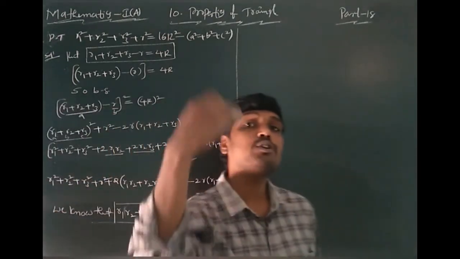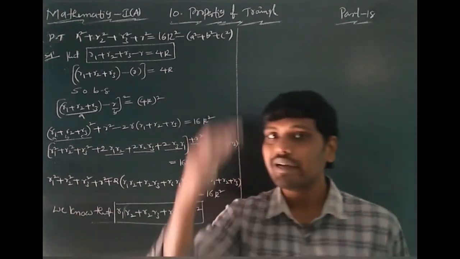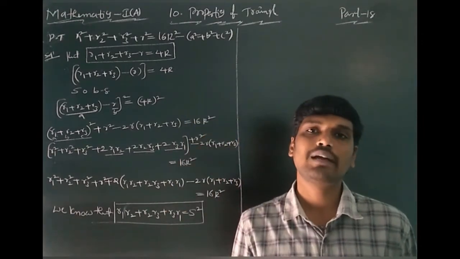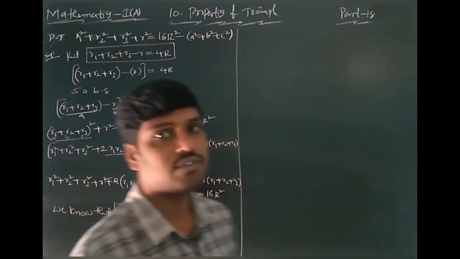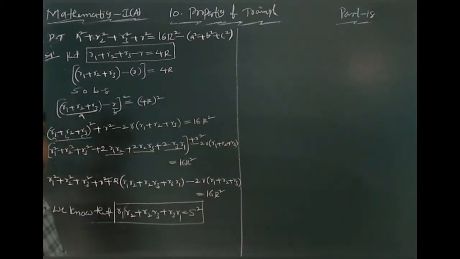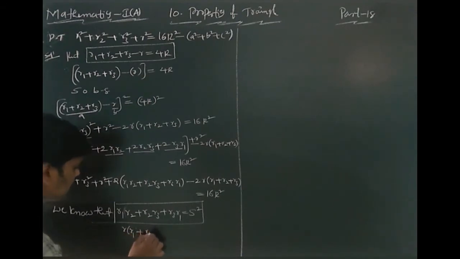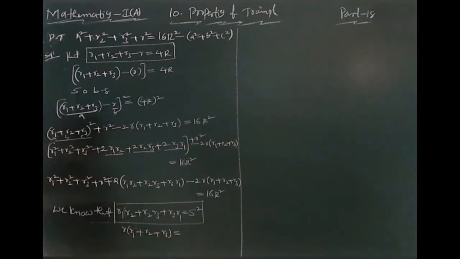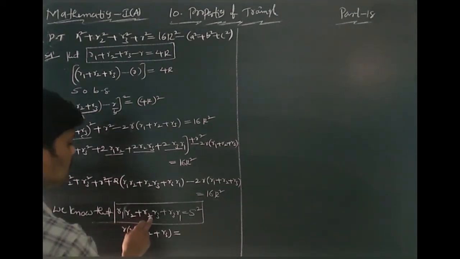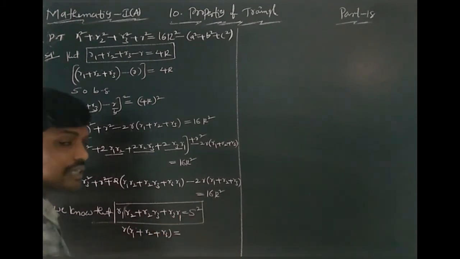This value you can also find by using r1 equals delta by (s minus a), r2 equals delta by (s minus b), r3 equals delta by (s minus c) formula. You get this value. Next, r into (r1 + r2 + r3). You know that r1r2 + r2r3 + r3r1 equals s square.